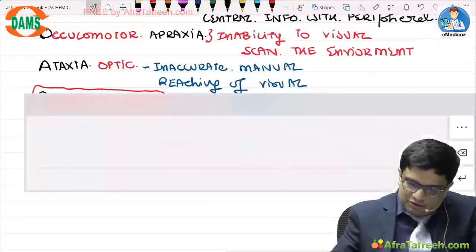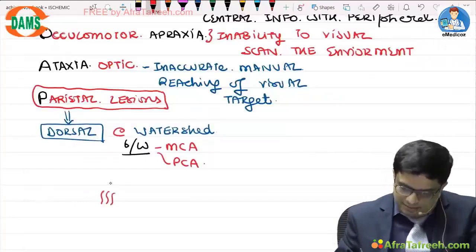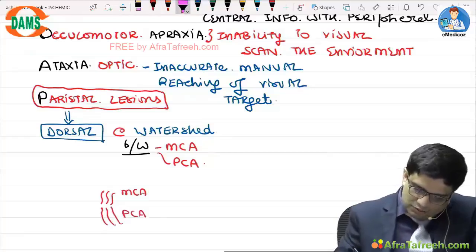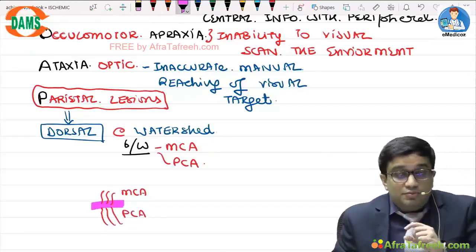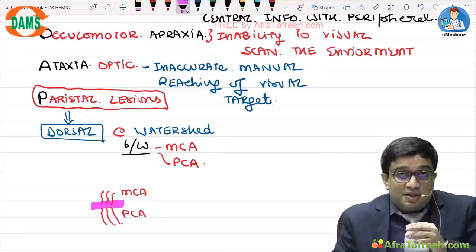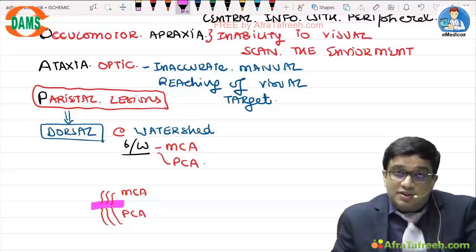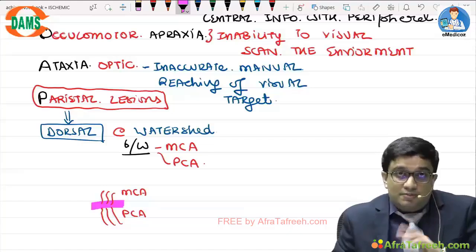The dorsal parietal lobe has a supply from MCA, and also a bit from PCA maybe. At the junction of the two, there is an infarction seen over here. So the watershed zone between the MCA and the PCA, especially in the dorsal parietal region, is going to result in this Balint syndrome. Okay, the oculomotor apraxia, the optic ataxia, semantognosia, and of course the mnemonic, remember, this is SOAP.